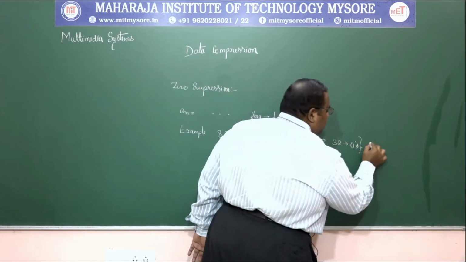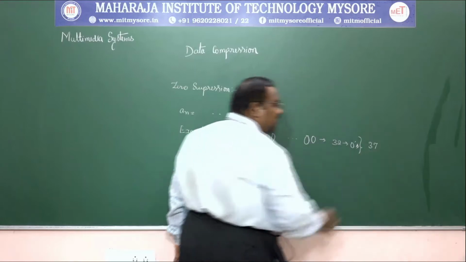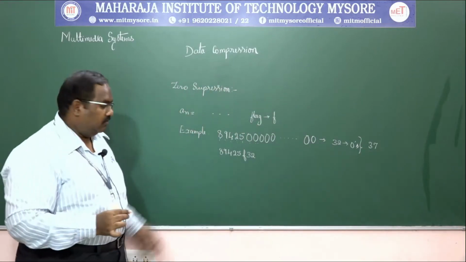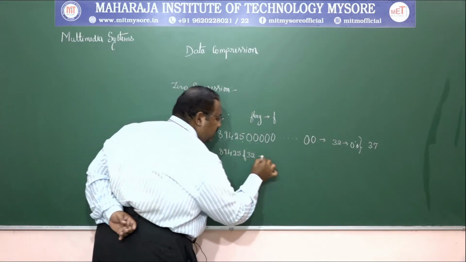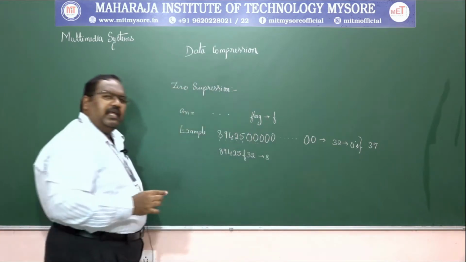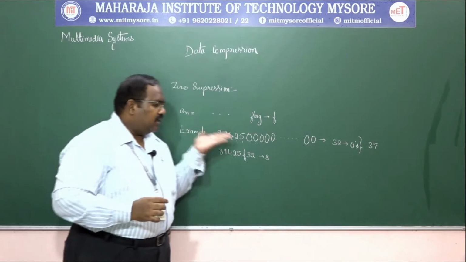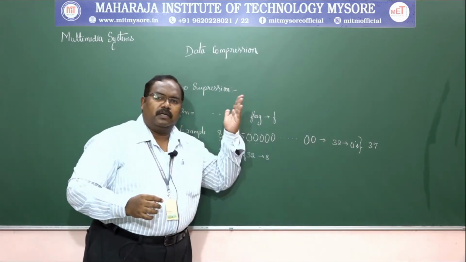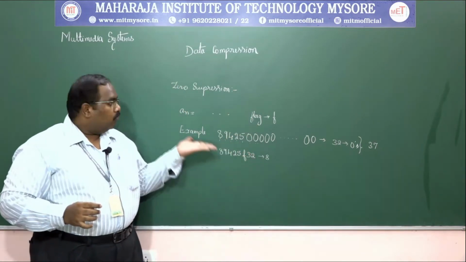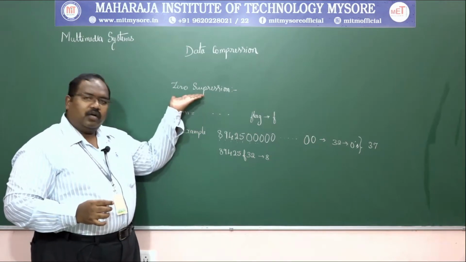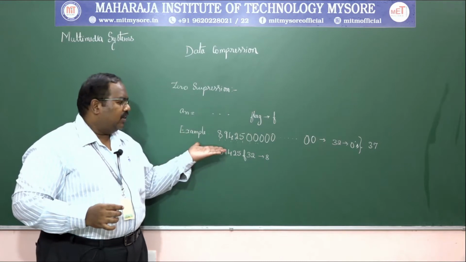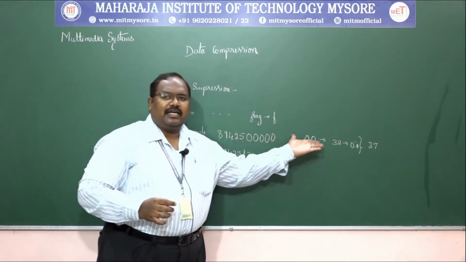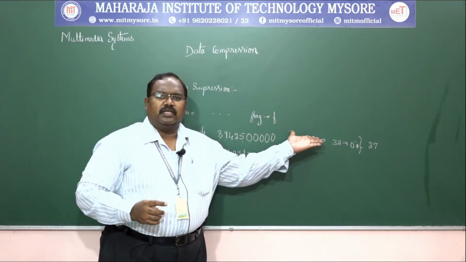So it is totally represented by 37 bits of storage, whereas here 1, 2, 3, 4, 5, 6, 7, 8, only 8 bits are used to represent such a huge sequence of numbers. So this is the suppression coding technique called zero suppression. This is mainly used only with respect to concurrent occurrences of zero sequences.